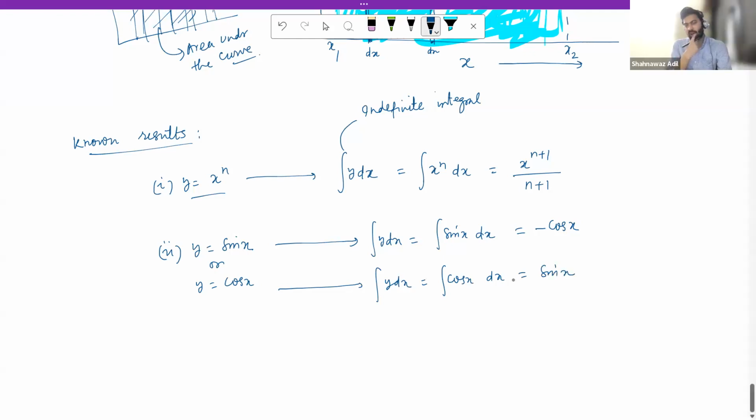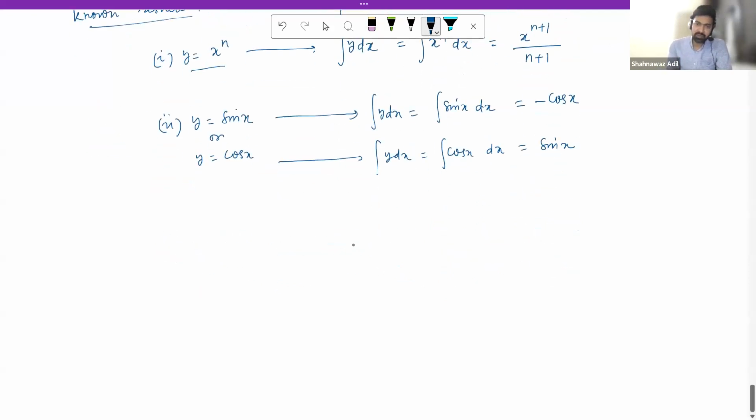So integration is the opposite, and we can understand that. Let's say you have some function, dy by dx. In every operation, let's say you have some y, which is 6 into 3, so this is multiplication.